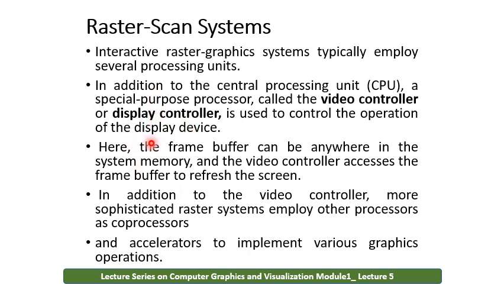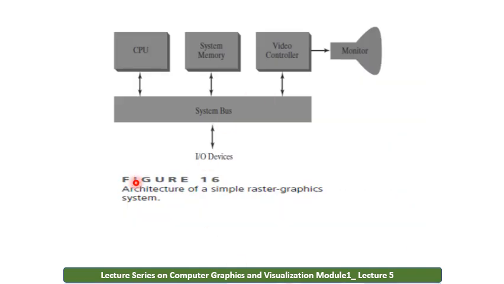In addition to the video controller, some raster systems also have other processors and co-processors to accelerate the implementation of computer graphics. This is the architecture of a simple graphics system. Input devices are connected to the system bus, and through the system bus pass the information to the CPU and system memory.